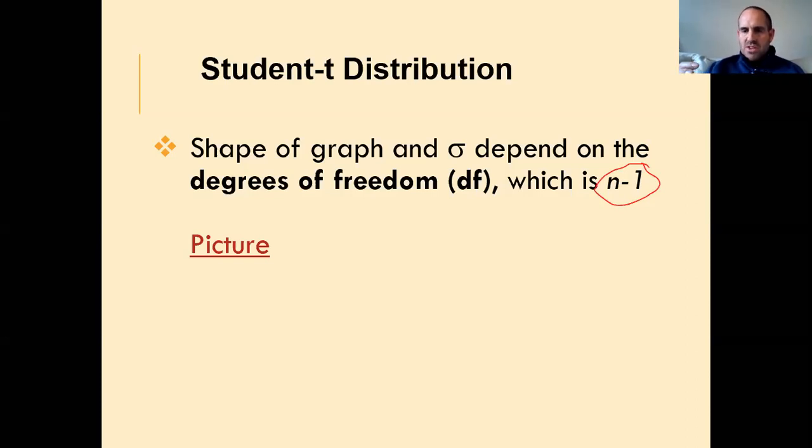A small number of degrees of freedom means a flatter looking distribution. It's going to be flatter with more probability in the tails. A higher number of degrees of freedom means that the thing is going to start to look more like the standard normal, and there's going to be less probability in the tails. But let's go have a look at a picture of what's going on here.